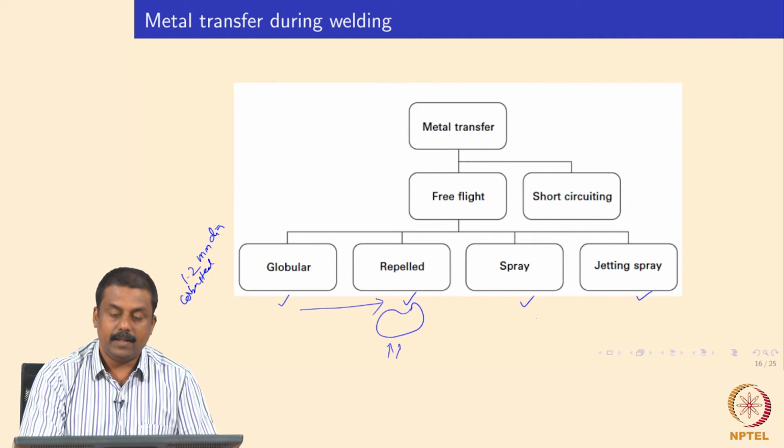is considered better for good stability, when you are doing a transfer in a spray mode and your droplet diameter is similar to your wire diameter. Spray mode is generally an acceptable mode if you have a very stable spray transfer, and you also have more volume of material transferred per unit time, as well as the stability of the process can be controlled much more easily, as I already showed you in the video.